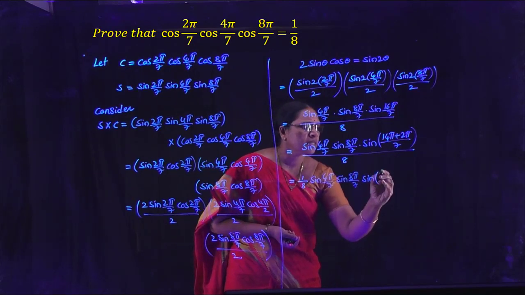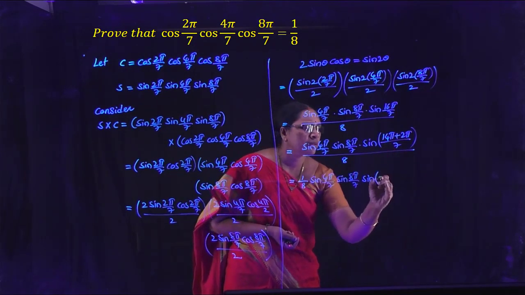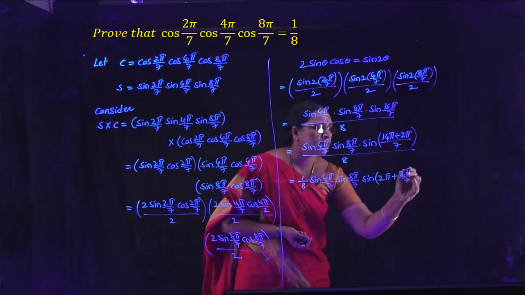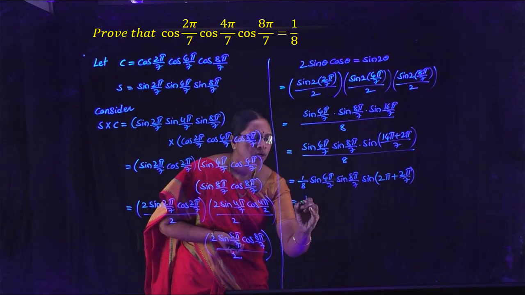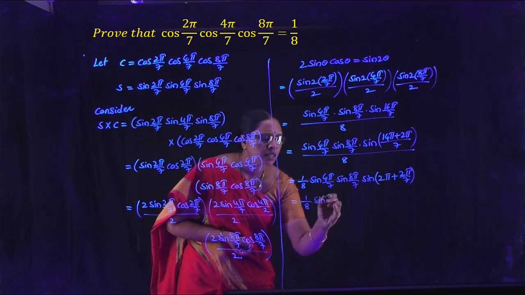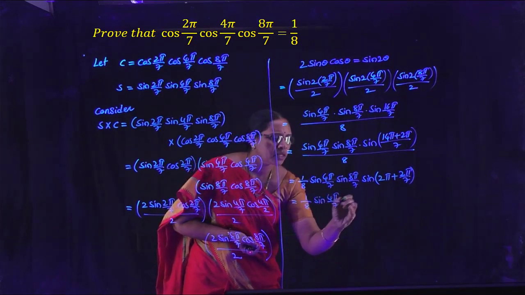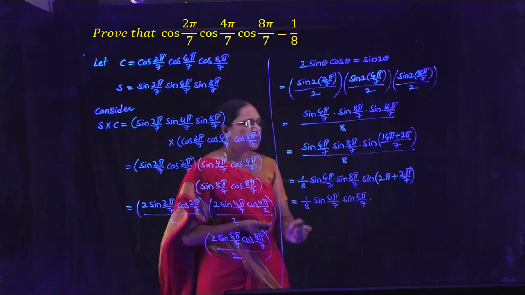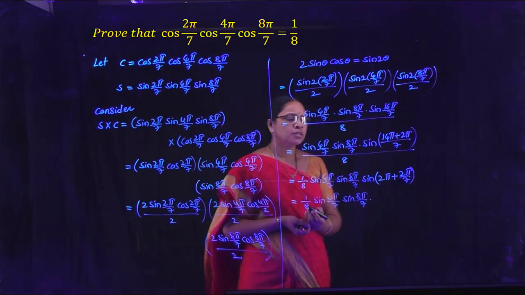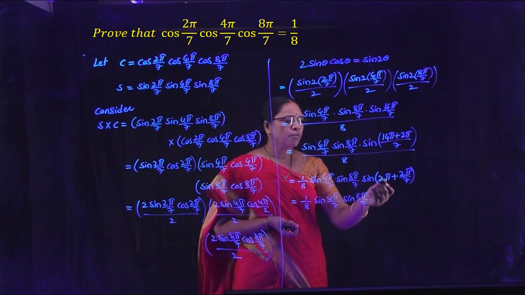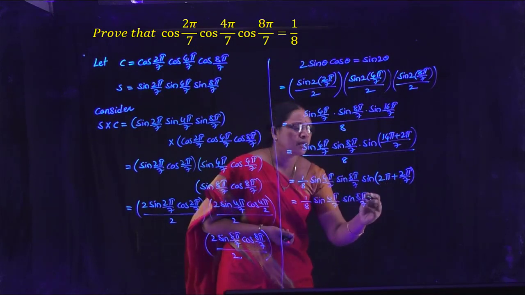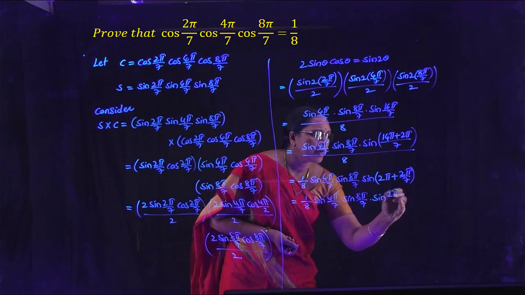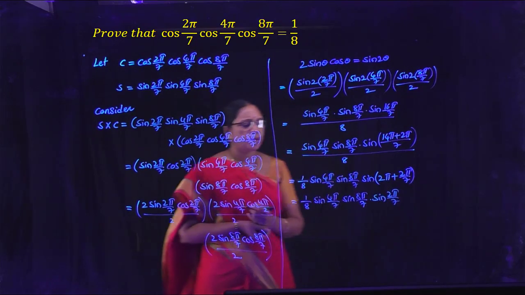Here dividing 14 pi by 7 we get 2 pi plus 2 pi by 7. That is equal to 1 by 8 sin 4 pi by 7 sin 8 pi by 7 into sin of 2 pi plus 2 pi by 7, which is in the form of sin of 2 pi plus theta, that is sin theta. Here sin 2 pi by 7.